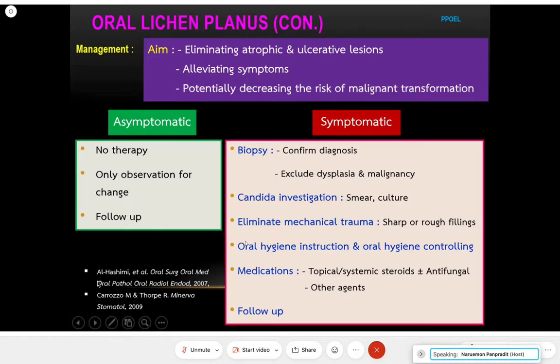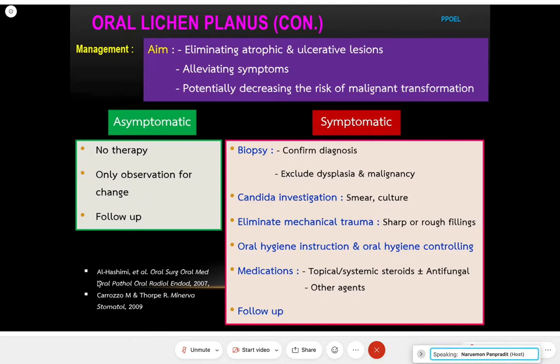For the management, we aim to eliminate atrophic and ulcerated lesions and relieve the symptoms, and be careful to potentially decrease the risk of malignant transformation. In case of white lesion only, they need no therapy, only observe and follow up, because the lesion shows only white, but one day it can show red together, one day it can change to ulcer.